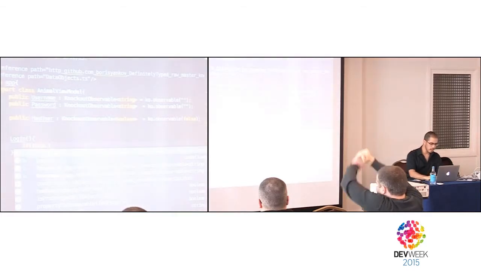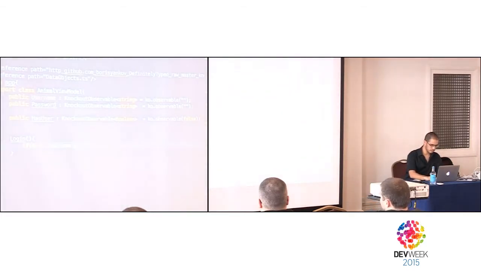So I want the username. This is a kind of thing that is very tricky. I want the username to be Michael. And I want the password to be equal to, let's say, 1, 2, 3. So this actually is not going to work because there is something not correct here. This is the knockout observable.